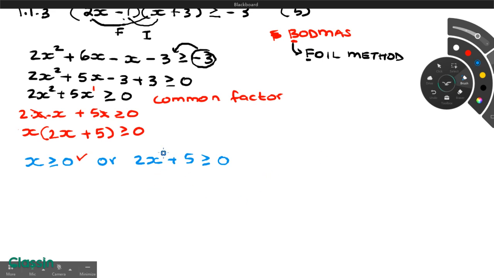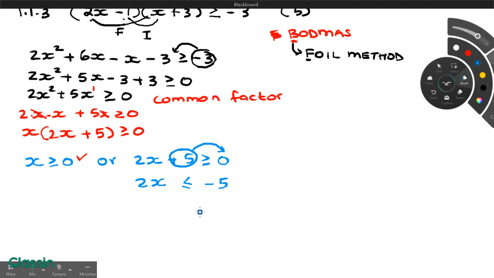Now, if we continue with this part, this positive 5 must come to this side. And when it comes to the other side of the equal sign, it changes from positive to negative. If a value is going across the inequality sign and it changes from positive to negative, the sign will change. Therefore, we have 2x. Because it's going to be negative 5, now our sign must reverse.